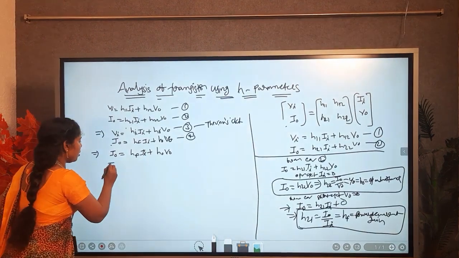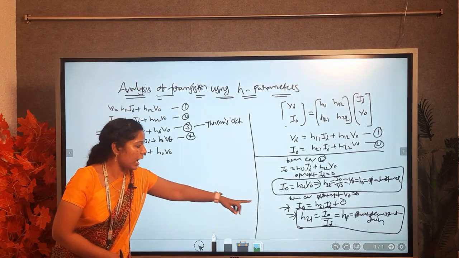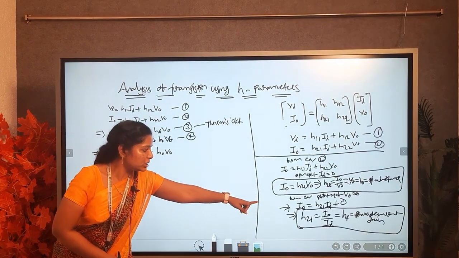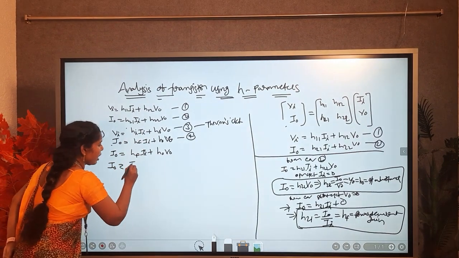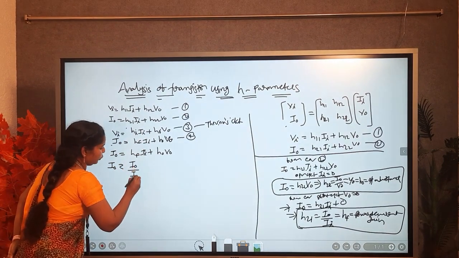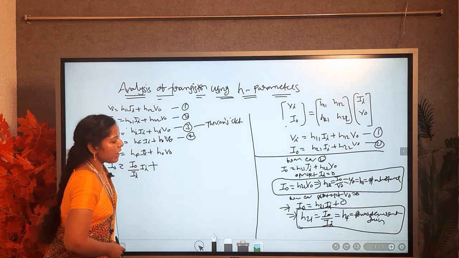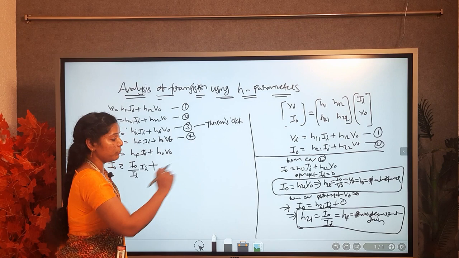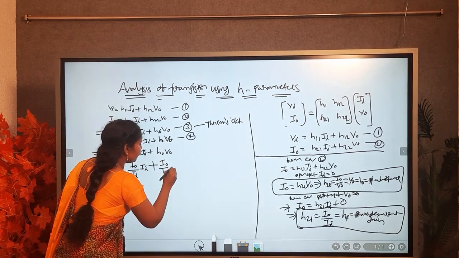HF is the forward current gain, that is H21, I naught by II, into II, plus H naught, the output admittance, I naught by V naught into V naught.